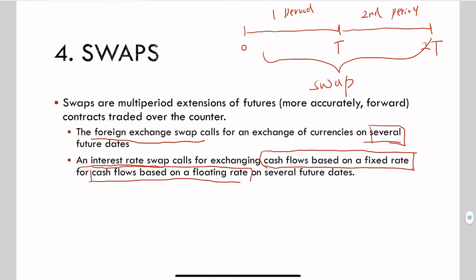So you basically have two sets of cash flows. One is based on a fixed rate. Another one is based on a floating rate. And you're exchanging these two sets of cash flows with each other in a swap agreement. That's how an interest rate swap works.